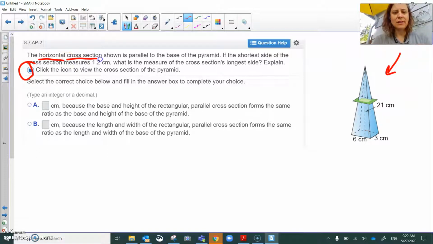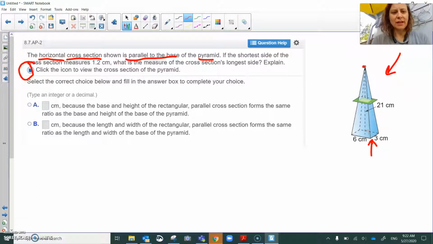Cross section means it's like a steel blade slicing through the figure. Parallel to the base, this is the base. Luckily for us, the base happens to be on bottom. That's not always the case. Pyramid means it starts with a polygon at the base and goes up to a single point. So that's all that vocab.